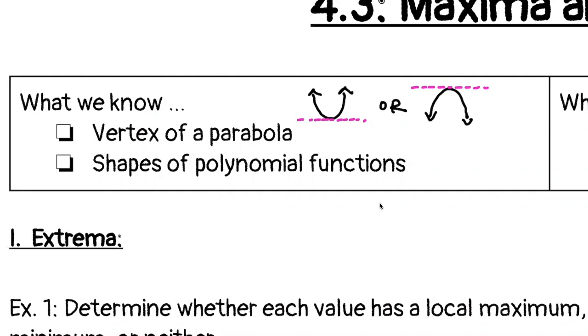Now, in general, maybe way back in pre-calc, you encountered different polynomial functions. In particular, thinking about cubic functions, maybe looking something like this, how many points on the cubic function do you think there will be a slope of 0?